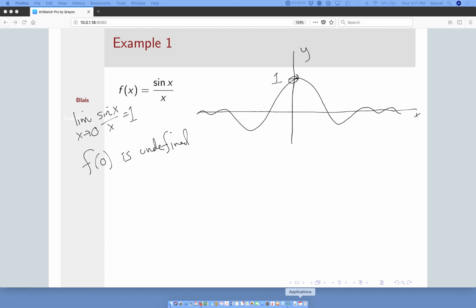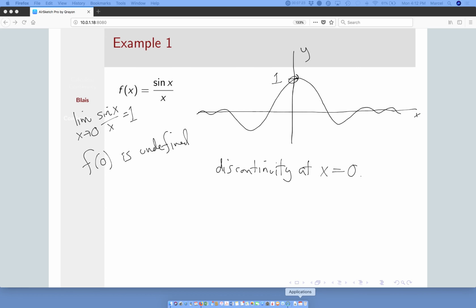Notice here, the limit as x goes to 0, as we come in from the left or the right, is 1, but the function has a hole. So we would need the function value, f of 0, to be equal to 1 for this to be continuous at 0. So this has a discontinuity at x equals 0.